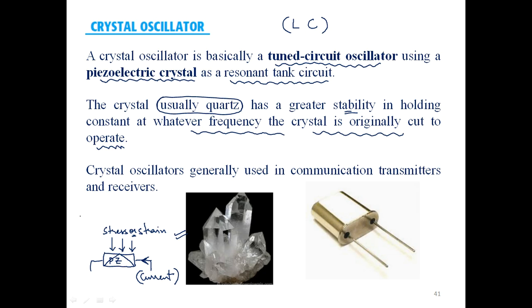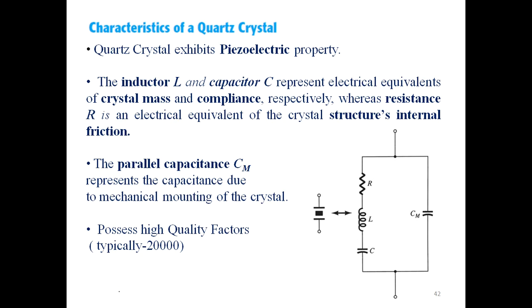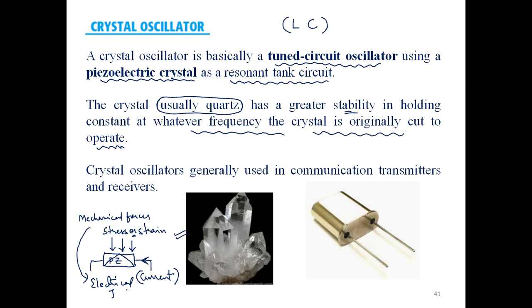That means there is a conversion of mechanical forces to electrical forces, and this can be controlled by just changing the shape of this particular crystal. So all right, now where are these crystal oscillators used? They are generally used in the communication transmitters and the receivers. Wherever there is the concept of clock frequency, there we use crystal oscillators.